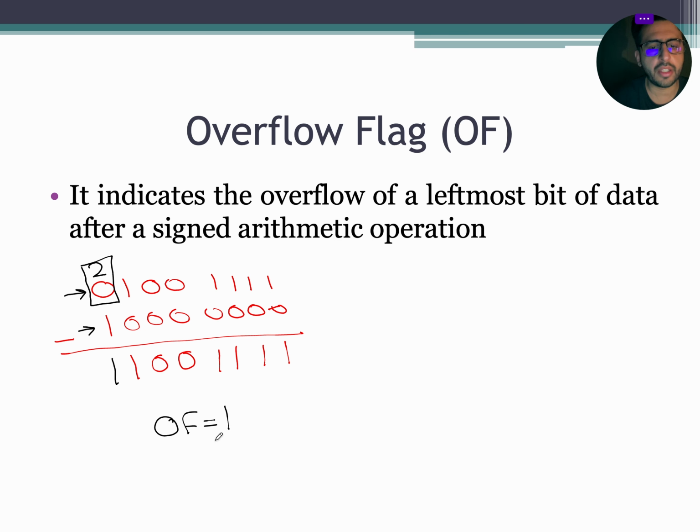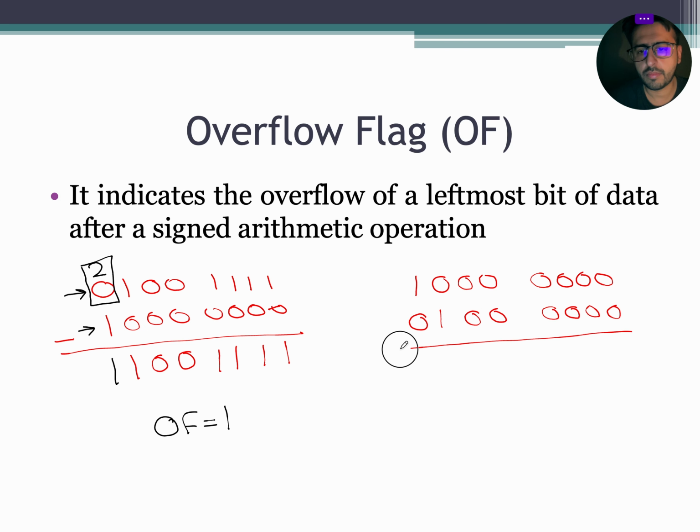Let's consider another example. In this example, let's consider that we have the following data. And we are utilizing the same subtraction operator. So our result will be, as you can see that 0 minus 1 is not possible. So this 0 is going to borrow from this bit.